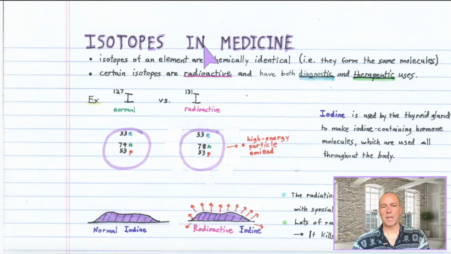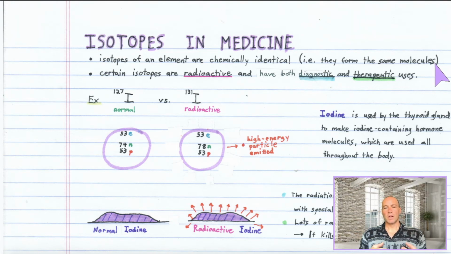Now, the last topic in this lecture concerns isotopes in medicine. When we get to chapter 10, we'll take a closer look at this in much more detail, but for now, let's provide an overview of how they can be used in a certain example. Isotopes of an element are chemically identical. They form the same types of molecules.